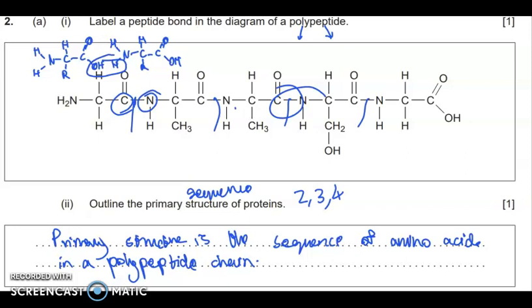And also, if methionine is followed by isoleucine and followed by leucine, that's not the same as leucine being followed by isoleucine and methionine. So the sequence of these amino acids being changed makes the properties of the final protein become different.